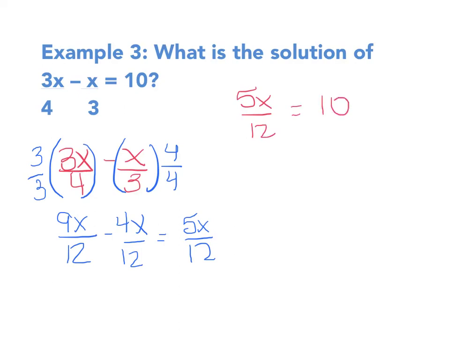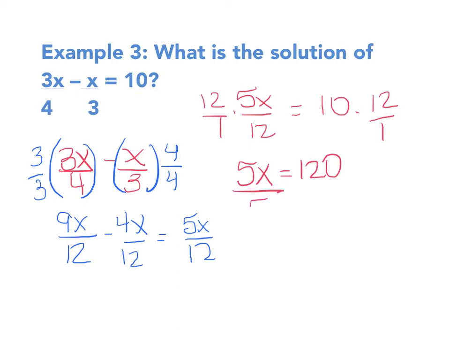Now I have a denominator, I have a division problem, so I'm going to multiply by the reciprocal. And I get 5x equals 120. I'm going to divide by 5. And 120 divided by 5, x equals 24.